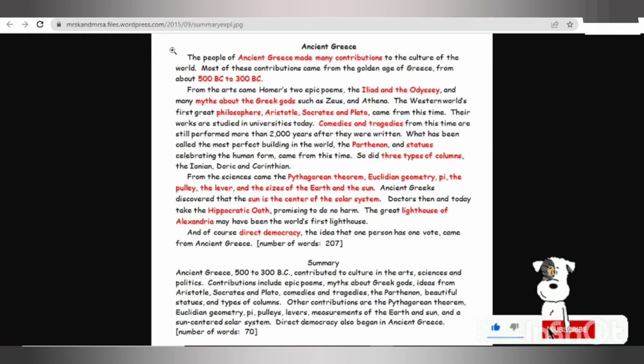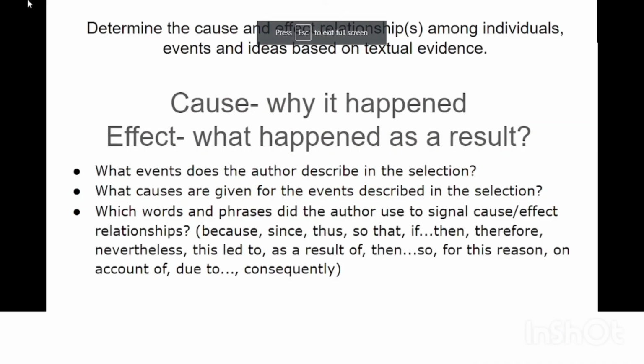Other contributions are the Pythagorean theorem, Euclidean geometry, pi, pulleys, levers, measurement of the Earth and Sun, and a sun-centered solar system. Direct democracy also began in ancient Greece. So that is the summary.